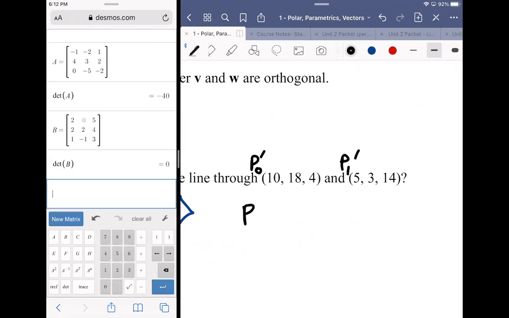All right, so P sub O prime, and this is the geometry prime, not the derivative prime. Right? And you might actually note, if you reflect back on the course thus far, that I don't use primes for derivatives.